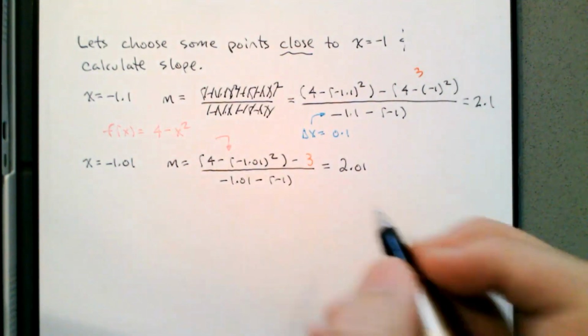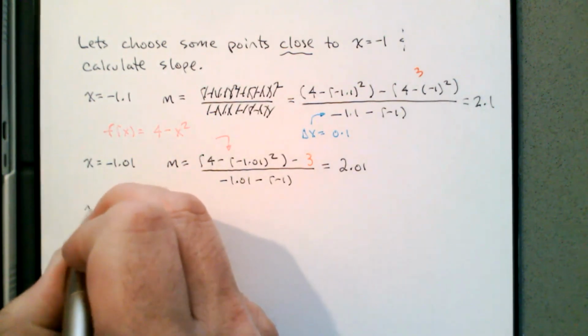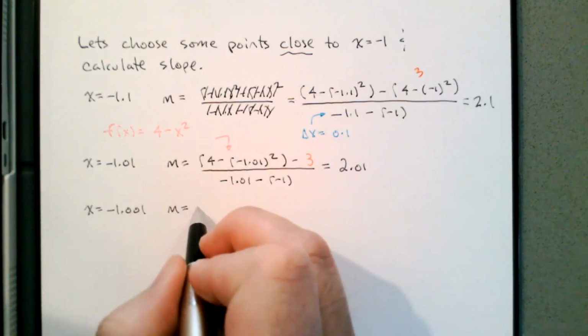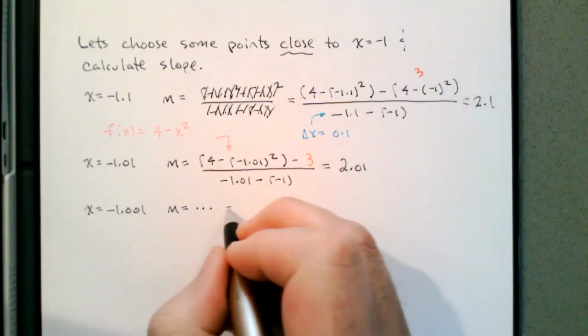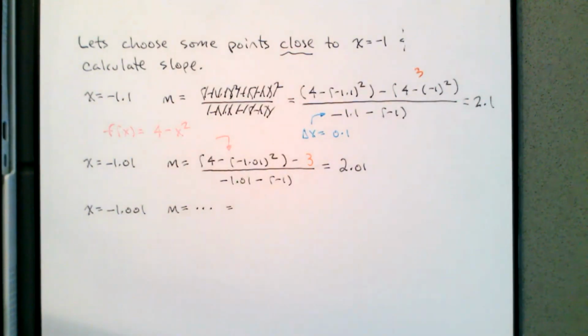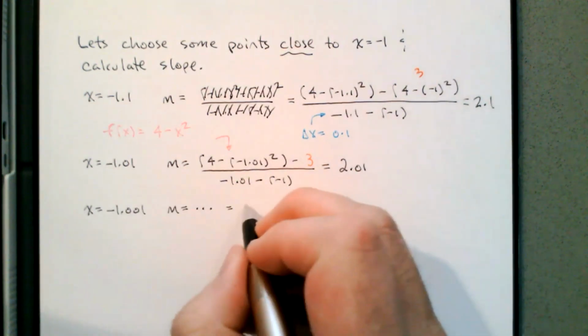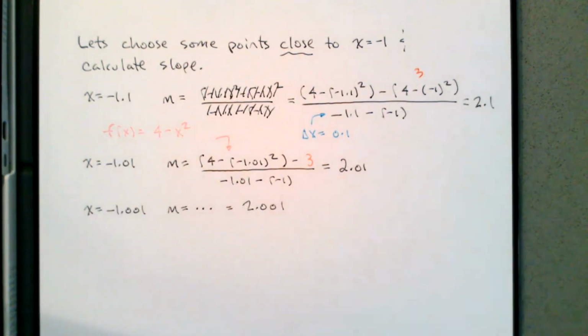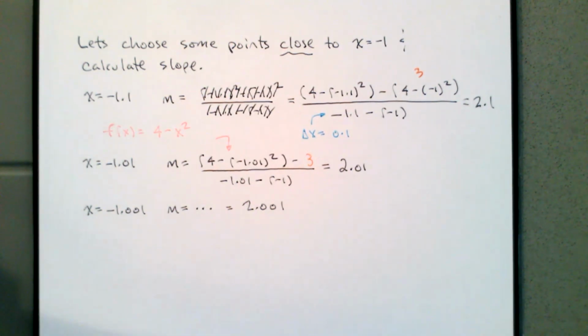And then we can continue. Maybe we're not convinced yet that the slope is going to be 2. So I'm going to drop in some more zeros. I'm going to do that off camera. Type in here, and we get 2.001. So partially, I know that this is headed towards 2 because it's my problem after all. I should know where it's headed.